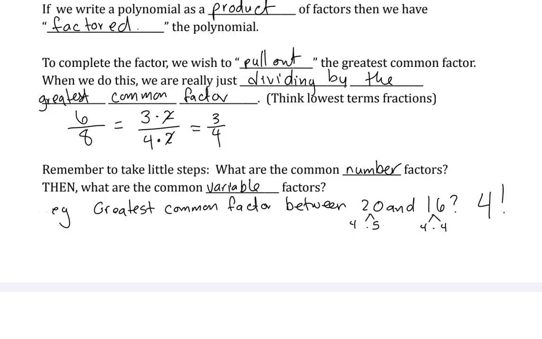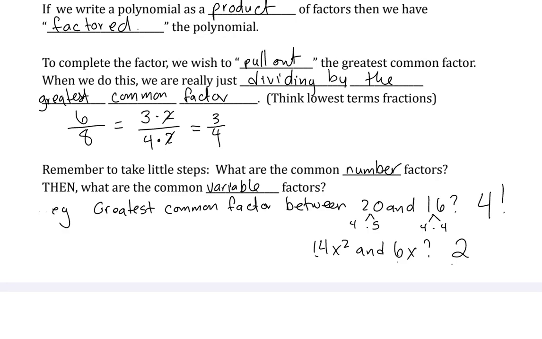What about the greatest common factor between 14x squared and 6x? So this is where it gets a little bit more tricky. So the greatest number factor is going to be 2, because 2 goes into 14 and 2 goes into 6, but there are no other common factors.